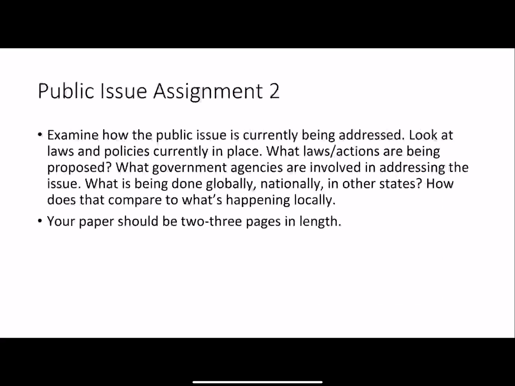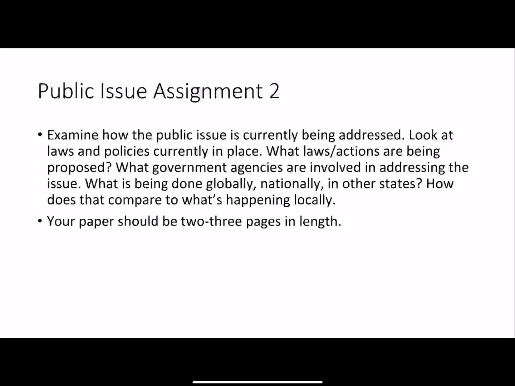In public issue assignment 2, you move on to look at how the public issue is currently being addressed. This includes things like laws and policies that are related to your issue. If there are any actions in the works, sometimes there may be a bill that's being put forward related to your issue, or maybe there have been some recent petitions.